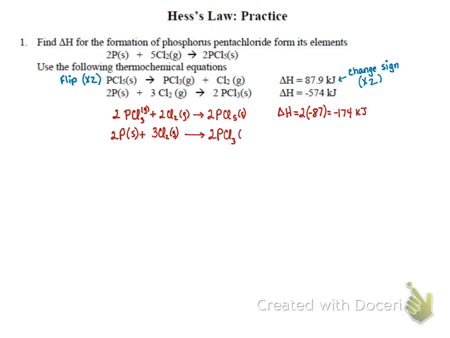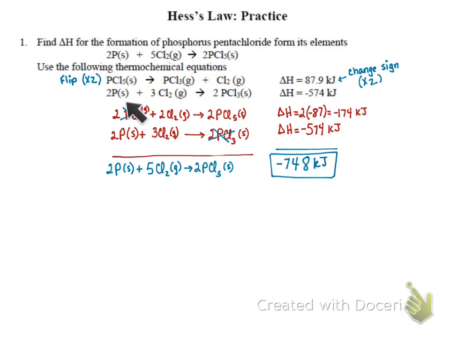And then to that flipped around equation, we are going to add the second equation. The reason we flipped it and multiplied by 2 is because now PCl3 can cancel. We need to get rid of it so that we get our final equation. This is what we want, so we want everything else to cancel. 2 PCl3 is over here. 2 PCl3 is also here.